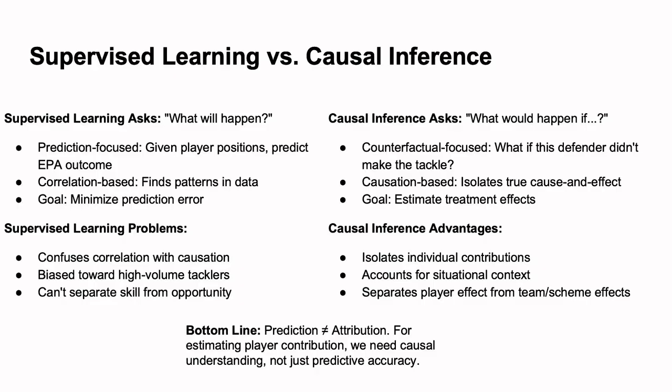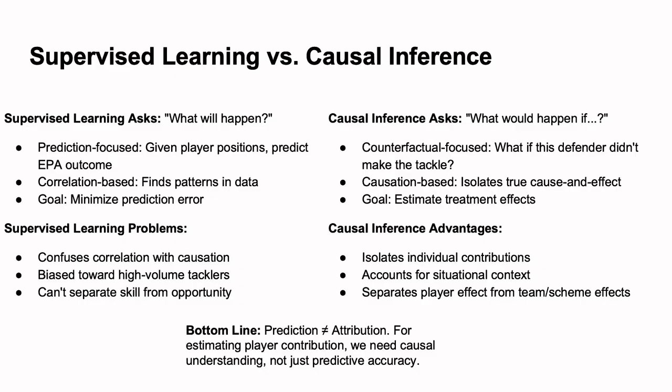Causal inference, on the other hand, asks what would happen if something else happened, right? So it's counterfactual based. We want to say, what if this defender didn't make this tackle on the play? What could have been the outcome? Then we can actually measure an individual's contribution. It's causation based, so we want to isolate the cause and effect or understand the underlying data generating process. The goal is to estimate individual treatment effects, or the conditional average treatment effect, which is the difference in the outcome of a play if a player tackled versus didn't tackle.